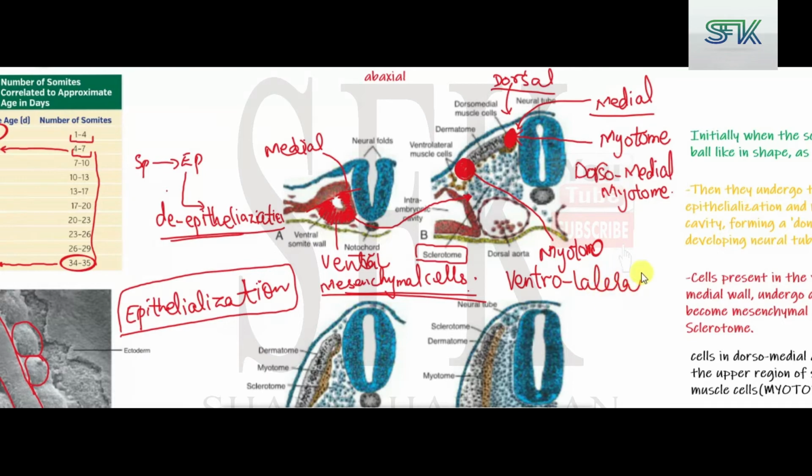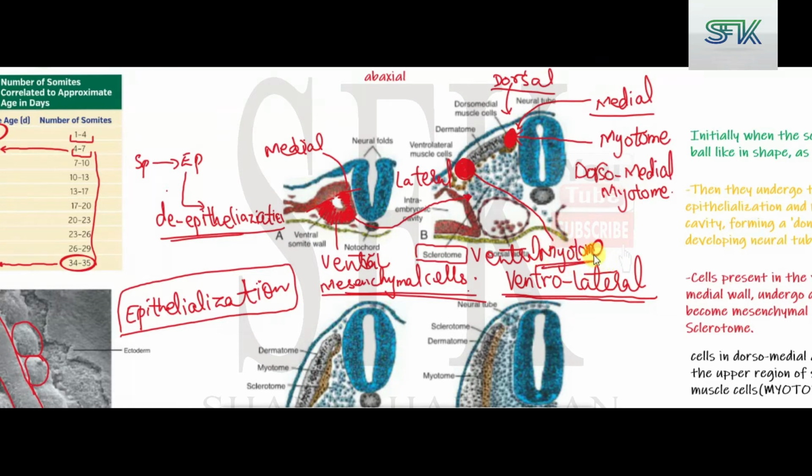You might have gotten an idea of why, because it's nearer to the ventral aspect, the front side of the embryo, and also nearer to the lateral aspect. This side is the lateral aspect and this side is the ventral aspect. So this end is closer to both the ventral and the lateral, so it's called the ventrolateral myotome.